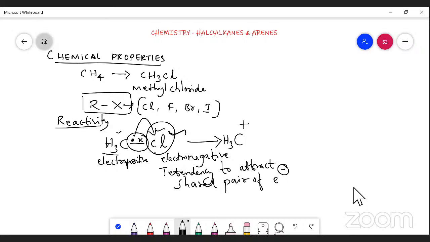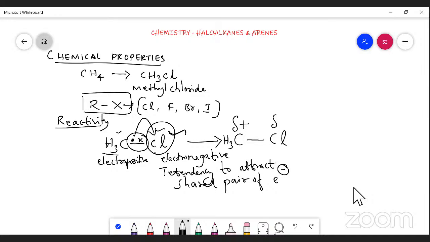Okay. And next, here the positive sign you can write as del plus, because this is a partial charge separation. I can write del plus. And next, the bond is not cleared properly, and Cl, I can write del minus.